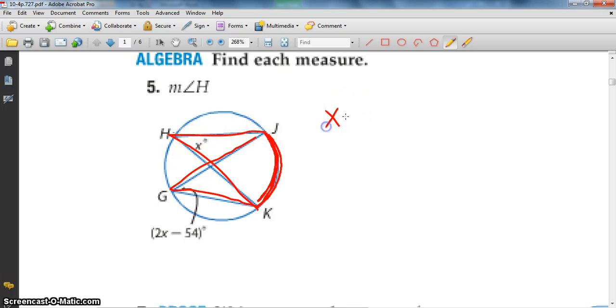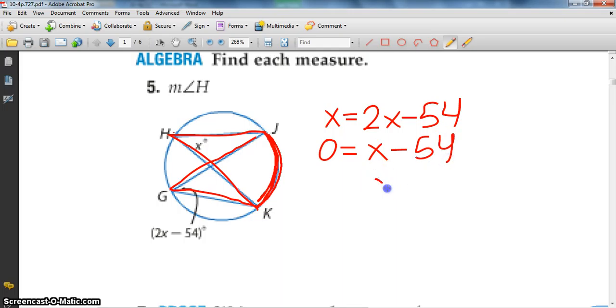So we can set x equal to 2x minus 54, subtract x from both sides, add 54 to both sides, and x is equal to 54, which is all we need because the measure of angle H is x, so that's equal to 54 degrees.